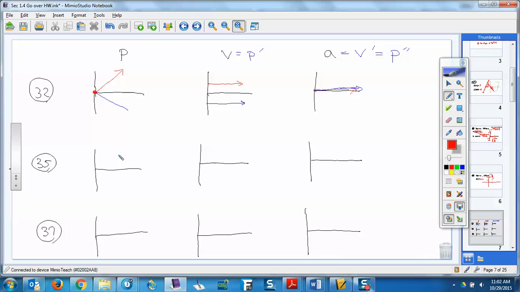So let's do one where it's straight. So it moves right. Then what happens if it goes left? Straight down. It comes back down. Okay? Or we could have done one where it curved. We could have said something like that. Right? Either one of those would have been okay.